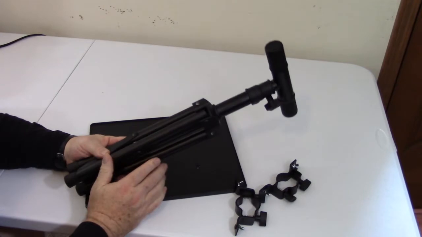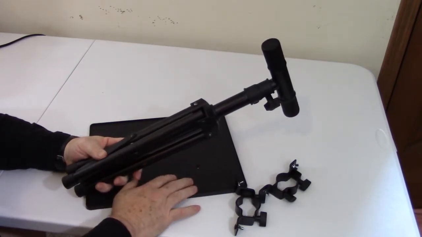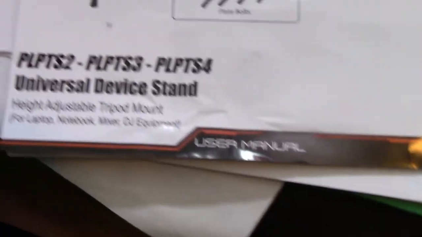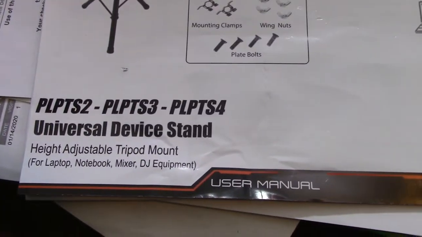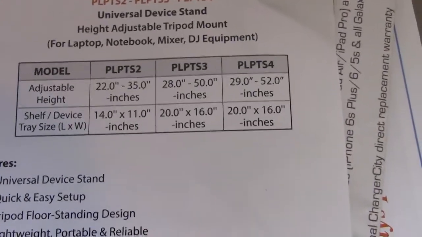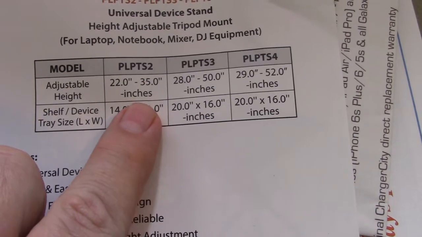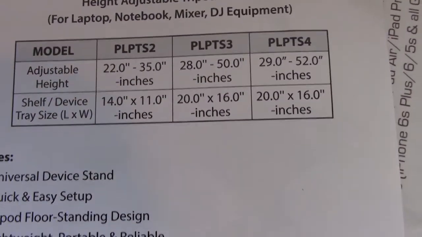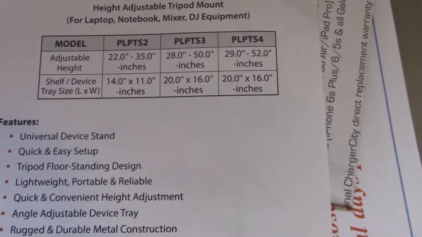So what I did was I ordered this laptop stand, and I ordered from Pile, and it's a universal device stand, kind of intended for laptops and such, and they have a couple different models. I knew I was not going to need a lot of height, so I chose the shorter model, the 22 by 35 inch.